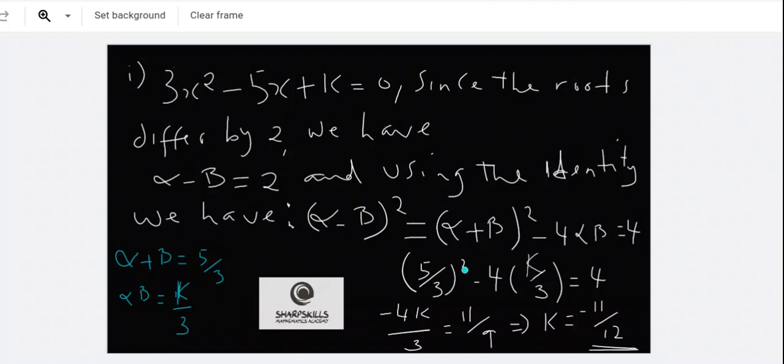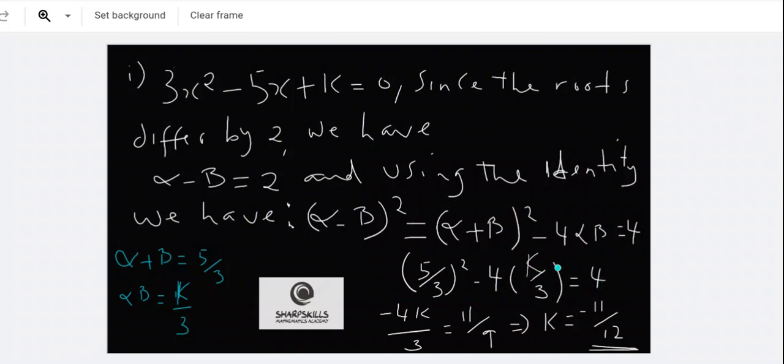So 5 over 3 squared minus 4 alpha beta. Now the product of this is the same as k divided by 3. In this case, you have k over 3, which will be equal to 4.